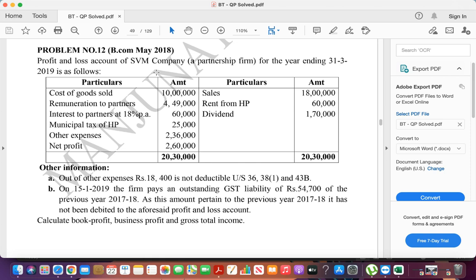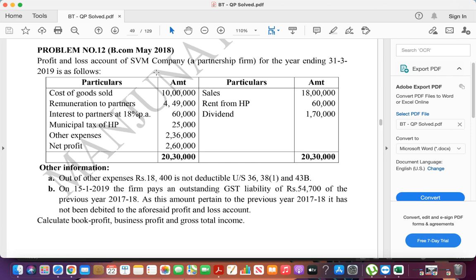Next, municipal tax of house property, 25,000.